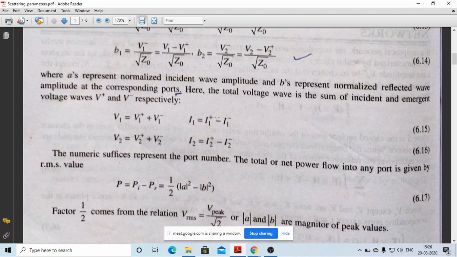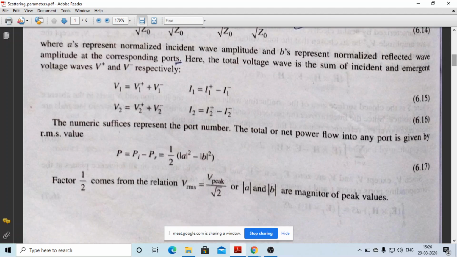But in the case of I1, there is a problem of direction, because the reflected wave is always in the opposite direction of the incident wave. So for summing this, a negative sign is required either with I plus or with I minus. For simplicity, we take the reflected wave as negative. So here we have written I1 plus minus I1 minus. This is the meaning of normalized parameters.